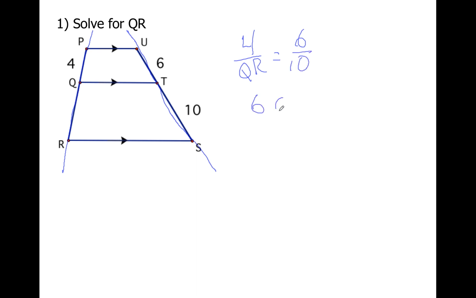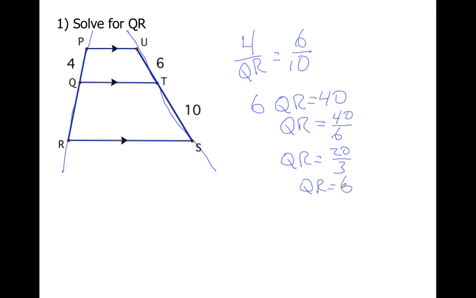So 6 times QR equals 4 times 10, which is 40. Divide both sides by 6. QR equals 40 over 6. We do some fractions here. What do we got there? 20 over 3. So QR is equal to 6 2/3.